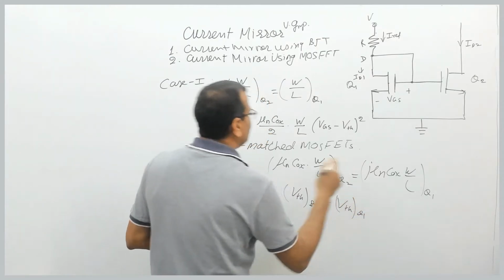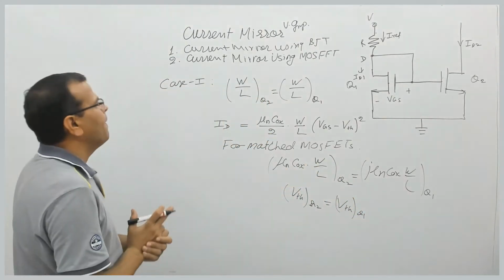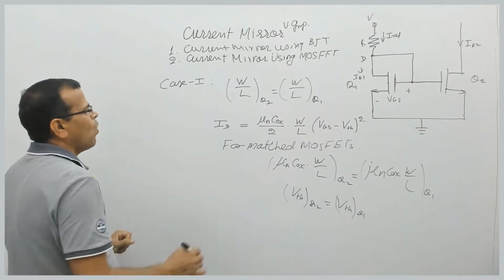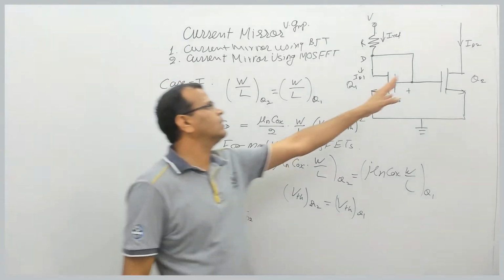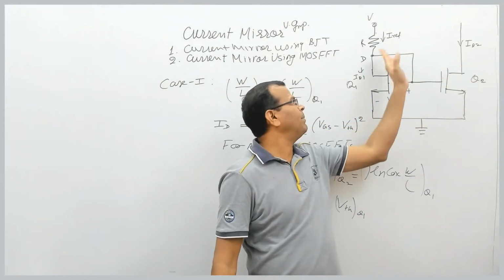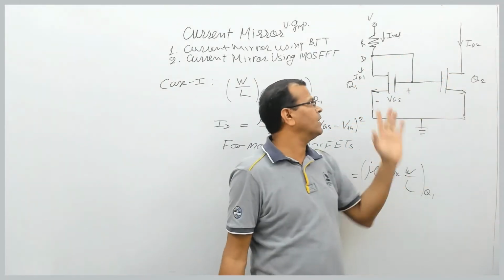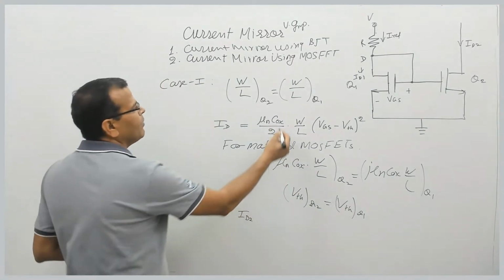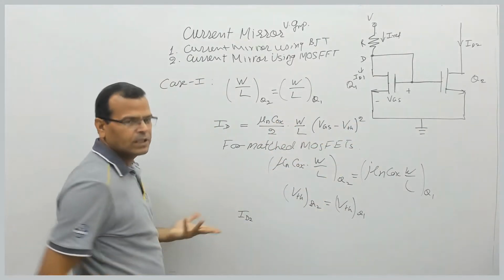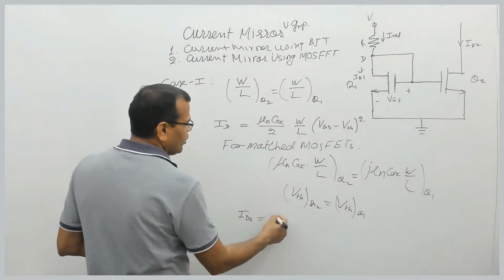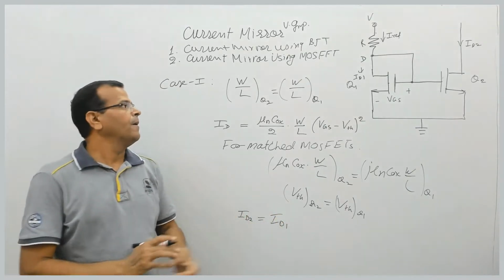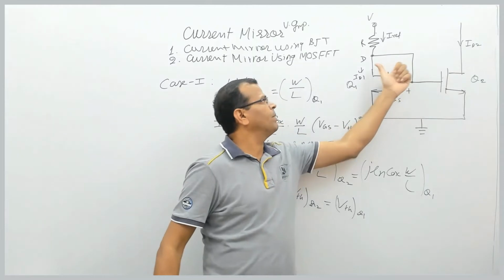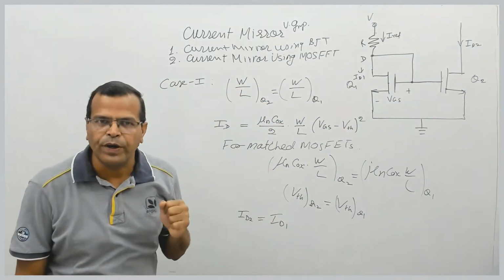Fine. This is what we are assuming. Now, in that case, drain current of this transistor will be same as the drain current of this transistor. That will be same even if these parameters are same. Fine. So ID2 will be equal to ID1. So the drain current of this will be same as the drain current of Q1.